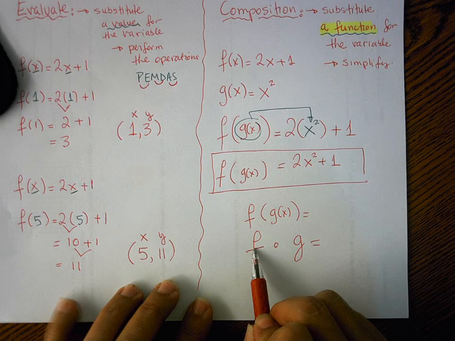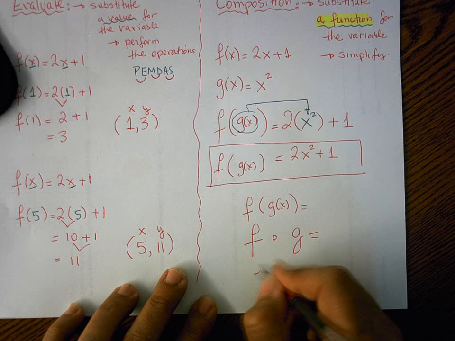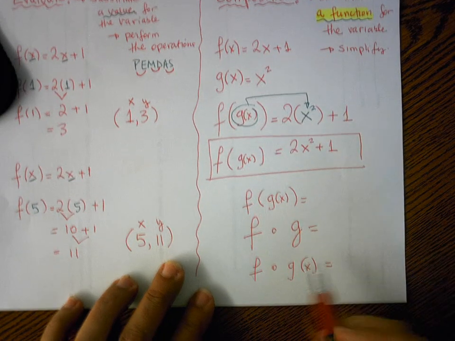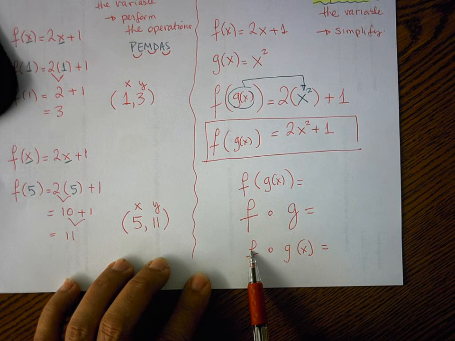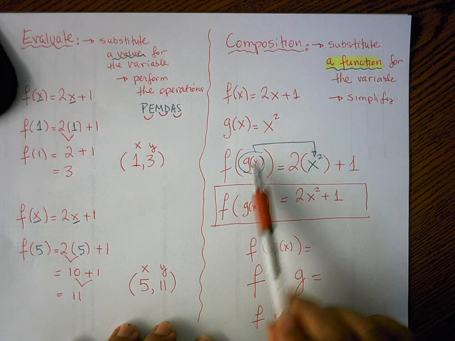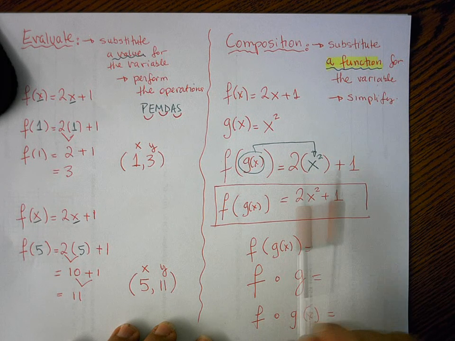F comes first, so it's the outside function. Or I can show it f of g of x, which means the same thing. I'm putting the g function inside of f, okay? So that's what a composition means. I'm putting a function inside of another function in the place of the variable that was there, okay?